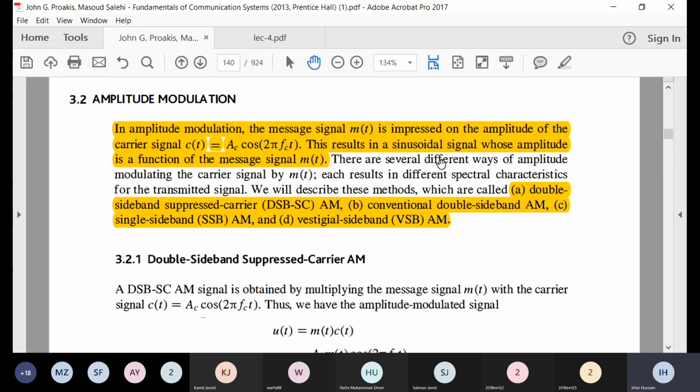And there are various ways of impressing m(t) on the amplitude, and each different way results in different spectral characteristics of the transmitted signal. We will describe these methods. These are 4 different methods: double sideband suppressed carrier, double sideband, single sideband, and vestigial sideband.